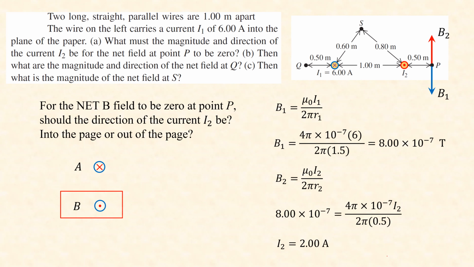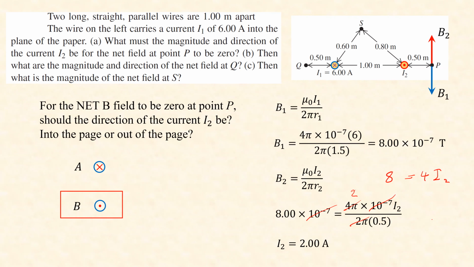And then we solve, so 2 pi cancels here, we get a 2 here. 2 divided by half, 10 to the negative 7 cancels. 2 divided by half becomes 4. So 8 equals 4 I2. So I2 becomes 2 amps, right?